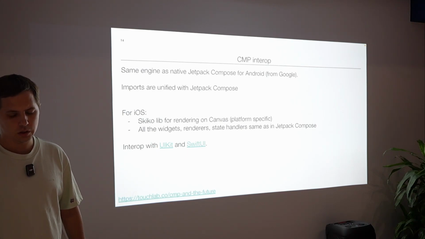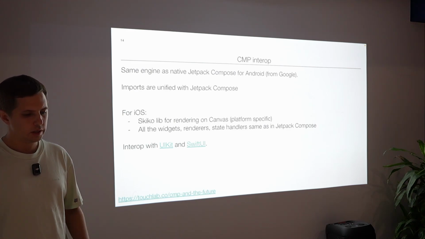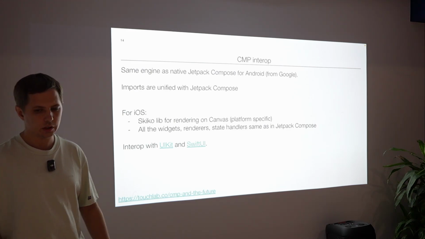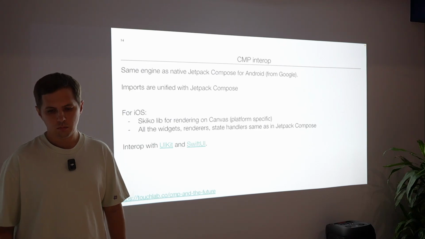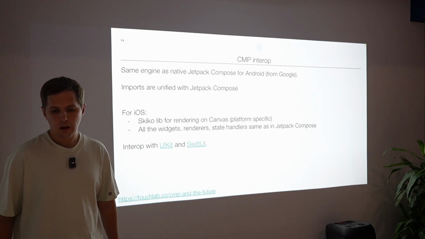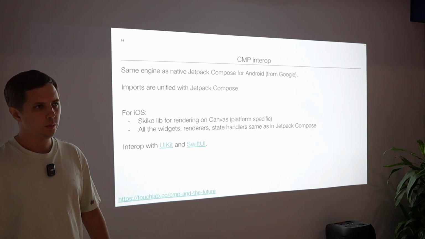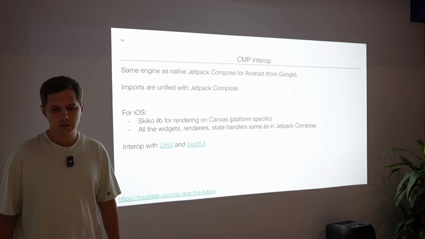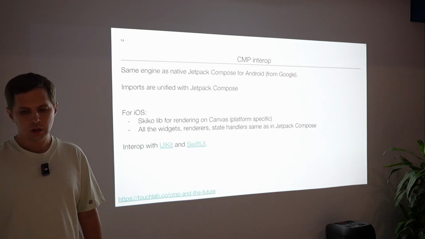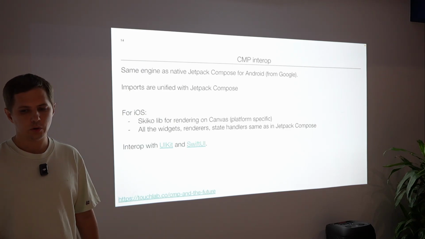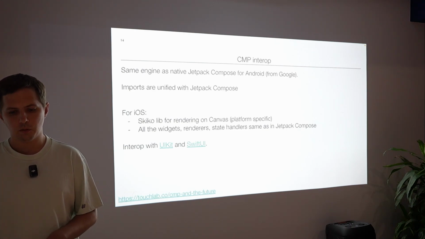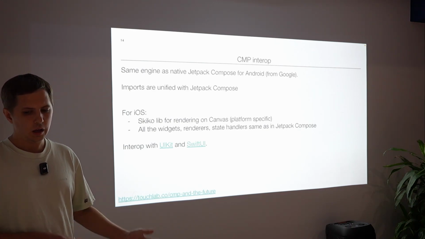It is really useful when you have the same design system on Android and iOS, the same look, but with some platform details possible. Also, it has interop with native UI toolkits, such as UIKit and SwiftUI, and you can use them in both ways. You can put Compose multiplatform code inside UIKit and SwiftUI, and vice versa.